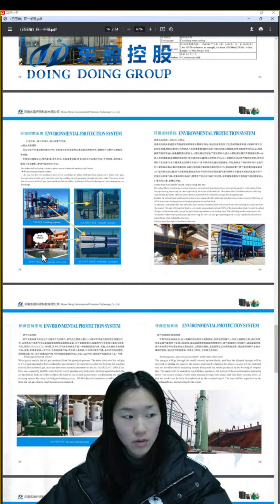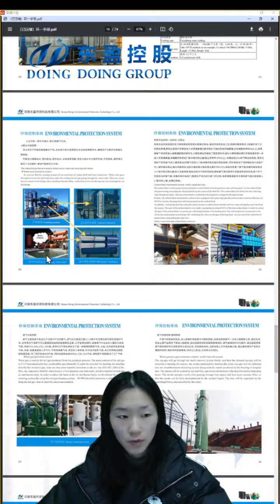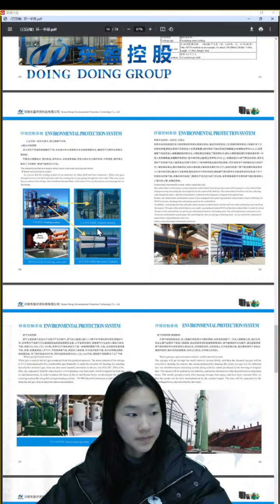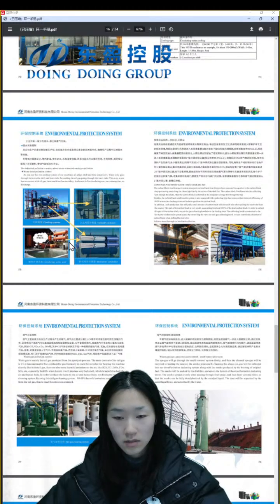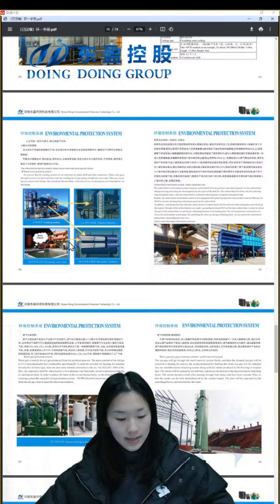This chemical water will combine with the flue gas completely to remove the sulfur and NOx within the smoke, and you can make the smoke reach the standard.